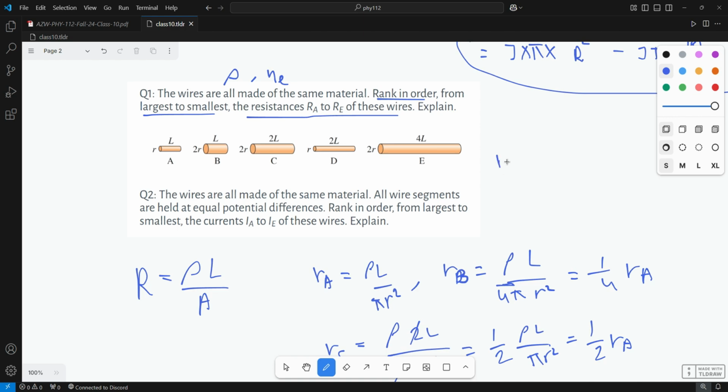Now for Rd, we can write this as rho times 2L by pi r squared, or 2 Ra.